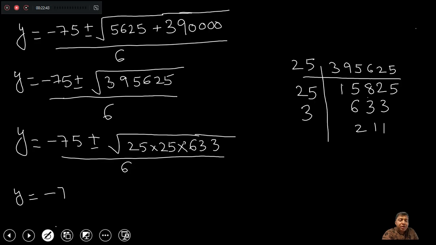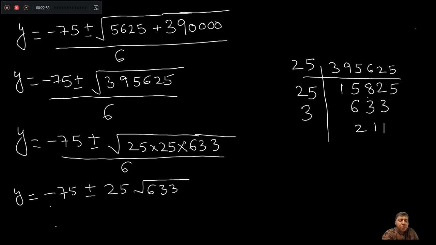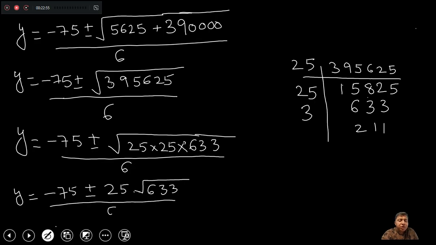So minus 75 plus minus 25 square root of 633 upon 6. And now I'm going to use the square root tables to find the square root of 633.